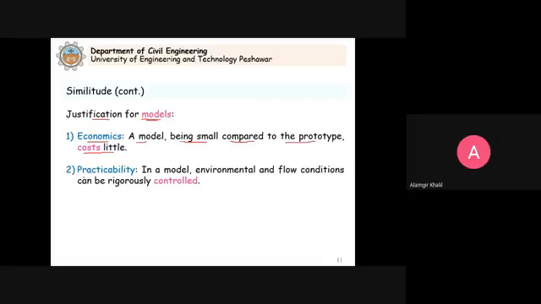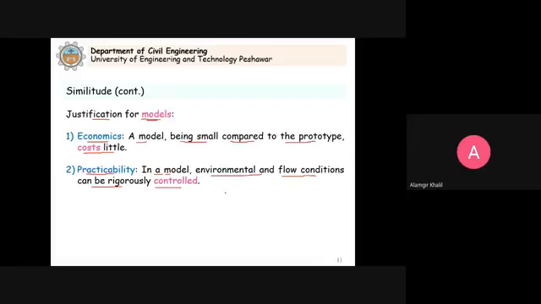The second point is practicability. In a model, environmental and flow conditions can be rigorously controlled. Because we develop the model, as you saw in the towing tank for that model of a ship or boat, you have control over the conditions and you can change the conditions, and then you can test or evaluate the performance of the design parameters.